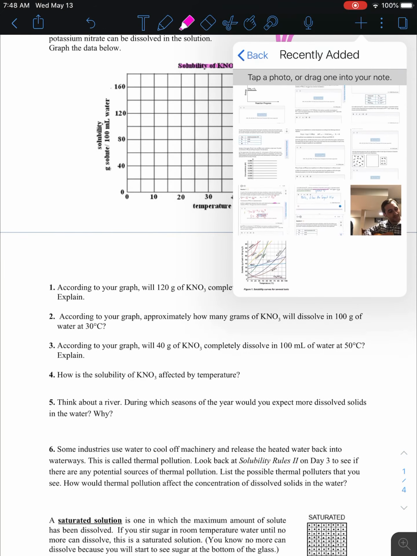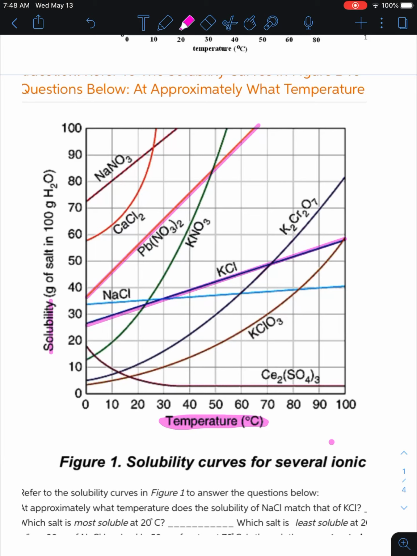Let's look at potassium chloride and lead nitrate. What do you notice about the vast majority of these salts as the temperature increases? Hopefully you notice that their solubility increases.